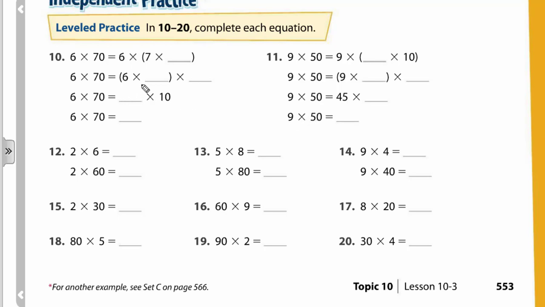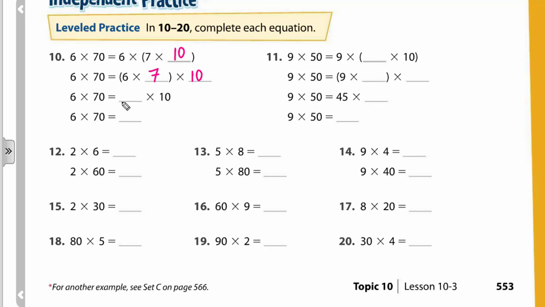6 multiplied by 70 equals 6 multiplied by 7 multiplied by 10. Here we are using the associative property to change the grouping.